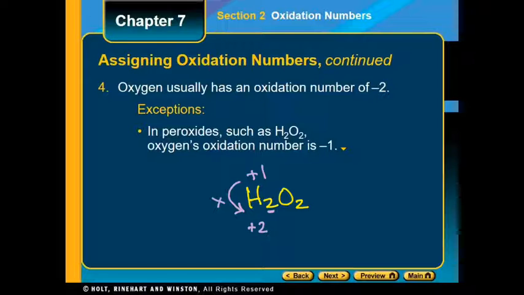Since this is a neutral compound, and because we're working in reverse, the number that we put underneath oxygen needs to cancel out this +2, so we're going to put a -2. And on the way up, we are dividing. So we've split this in half. That is a -2 divided by oxygen's 2, which gives us a -1.